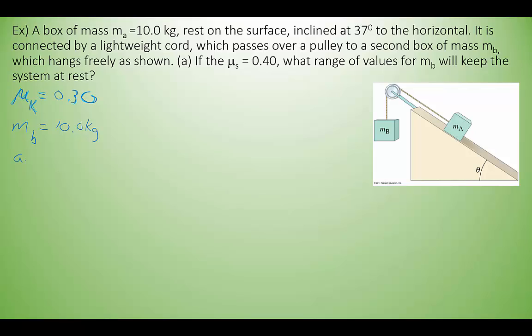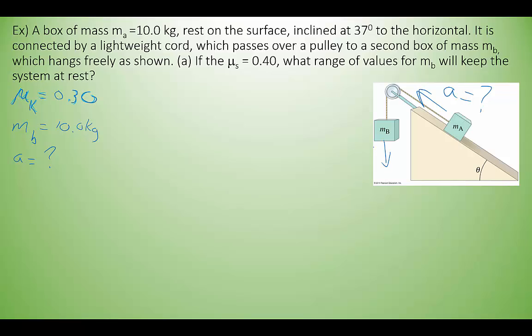Now the question is, what is the acceleration of the system? In this case, M2 will fall and M1 will rise up the plane this way with some acceleration that we want to know, and this will go down.